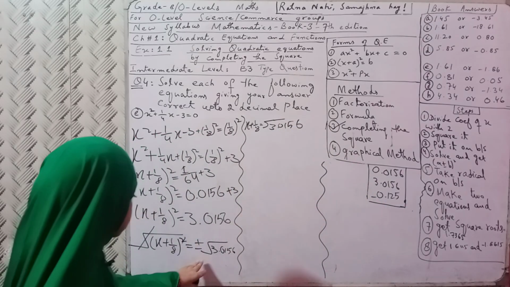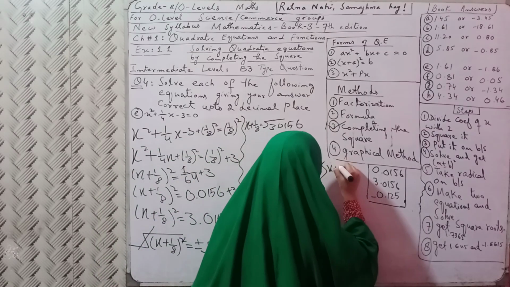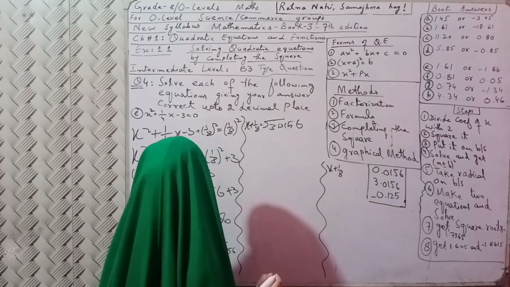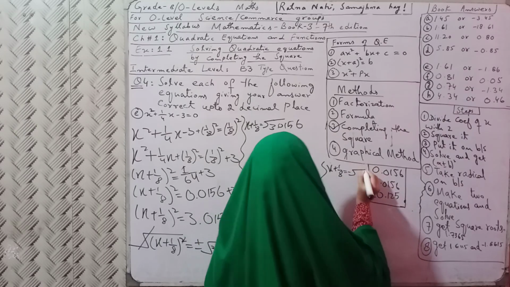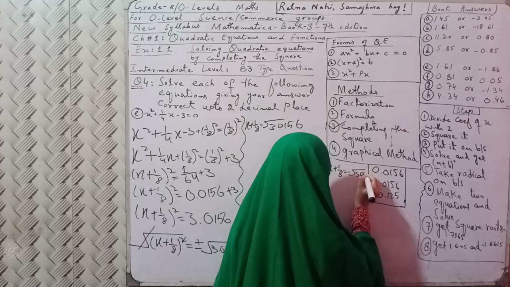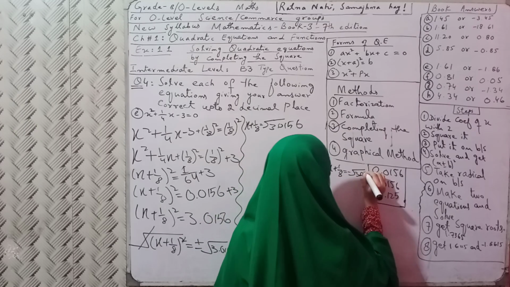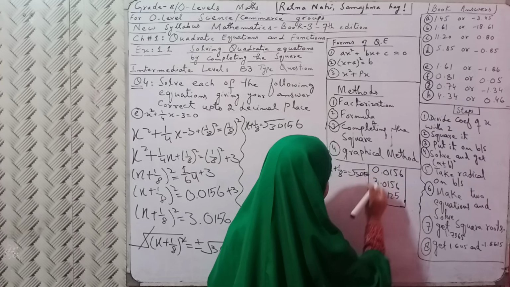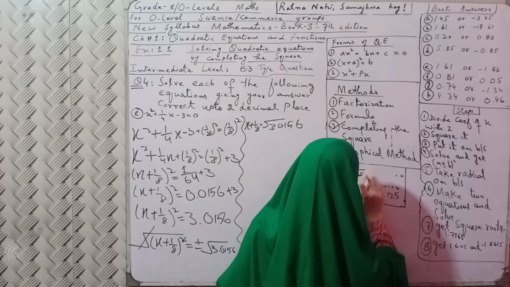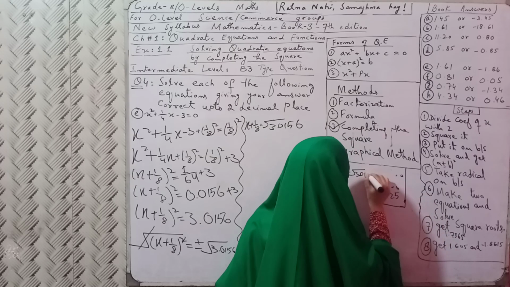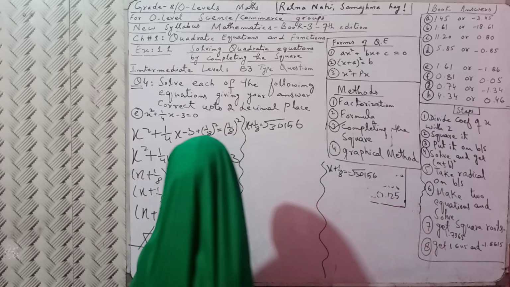Then x plus 1/8 is equal to minus radical 3.0156.